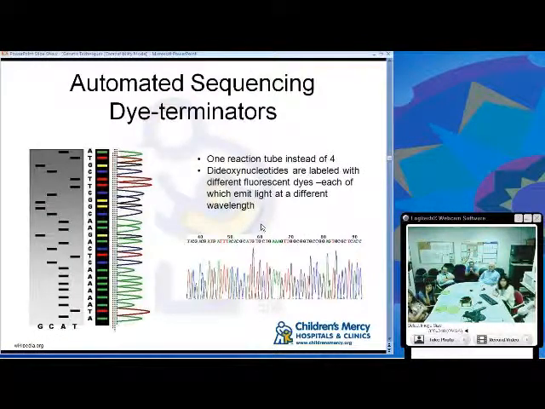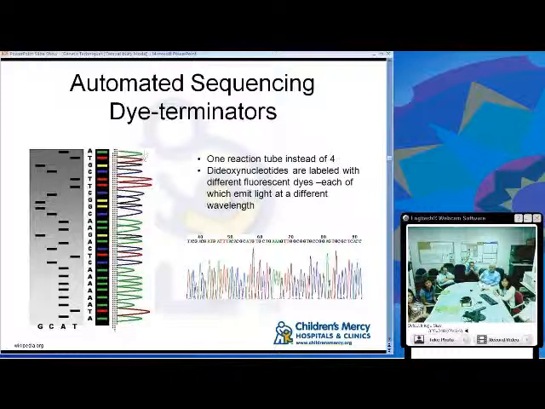Now we have the automated sequencing system, and so instead of you actually doing this yourself, you can get it sent out, and it's very reasonably priced. So I don't think anybody actually does their own sequencing anymore. And so with the automated sequencing system, you have one reaction tube instead of four, and now all these dideoxynucleotides are labeled with different dyes.